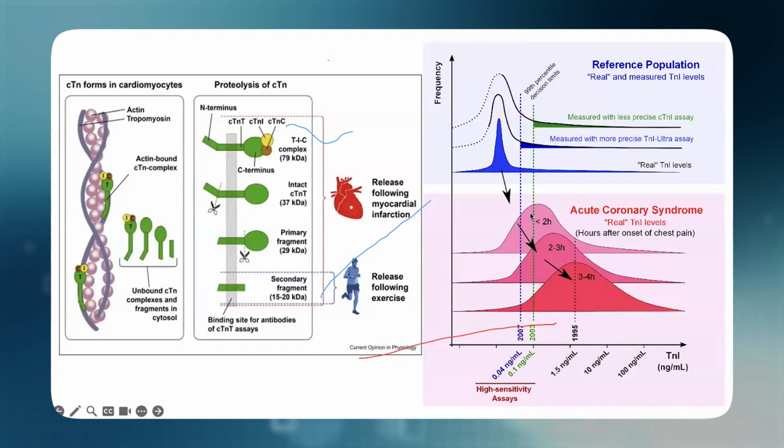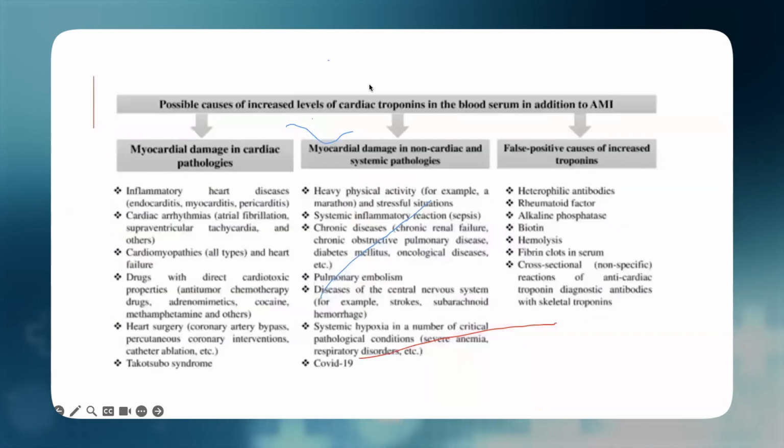It can be detected as early as less than 2 hours. The initial old, non-specific troponin I assays could detect only after 4 to 6 hours, not before that. So these are the other causes of rise in troponin.